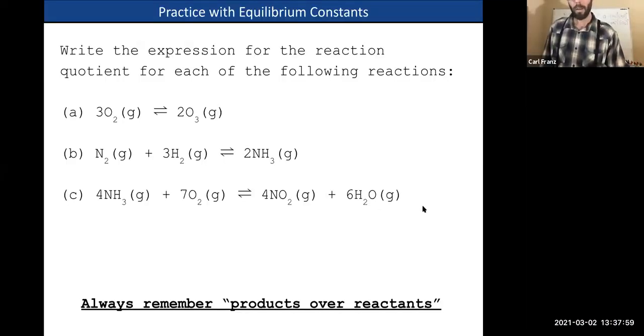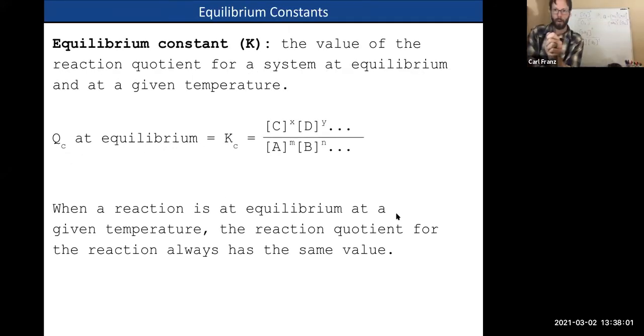Now, K. Let's introduce K. What is K? When the value of the reaction quotient is at equilibrium, meaning when the products are going to reactants at the same rate that the reactants are going to products, we then say that it's K. That is the constant for that particular reaction.